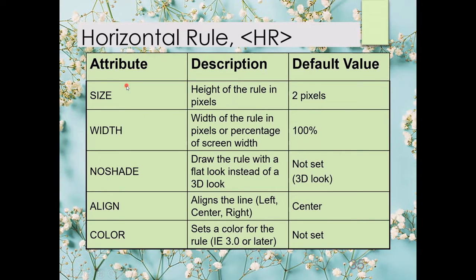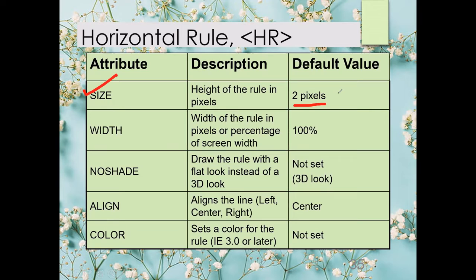The size of the HR, that is the horizontal line, can be manipulated with the attribute called size. By default, we have 2 pixels, and we can change it to 4 pixels if we want a wider one.